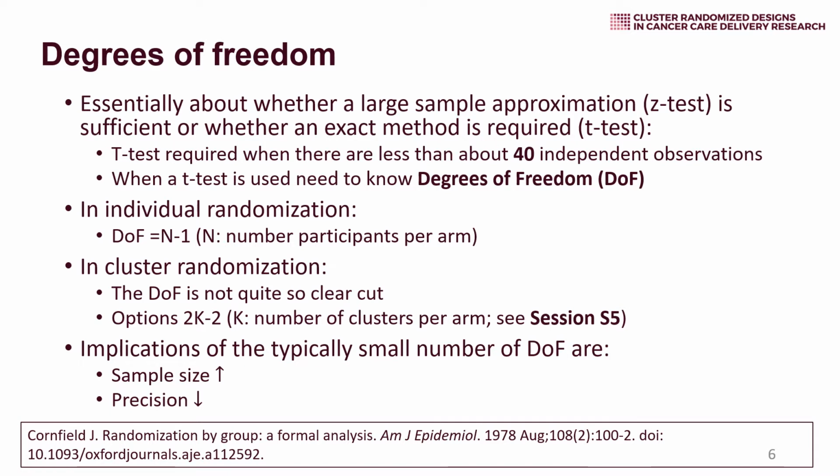In other sessions, we'll look at, in more detail, determining the optimal and appropriate degree of freedom corrections. But essentially, the implications of a typically small number of degrees of freedom are exactly the same as the intra-cluster correlation. They inflate our sample size and decrease the precision of the treatment estimate.